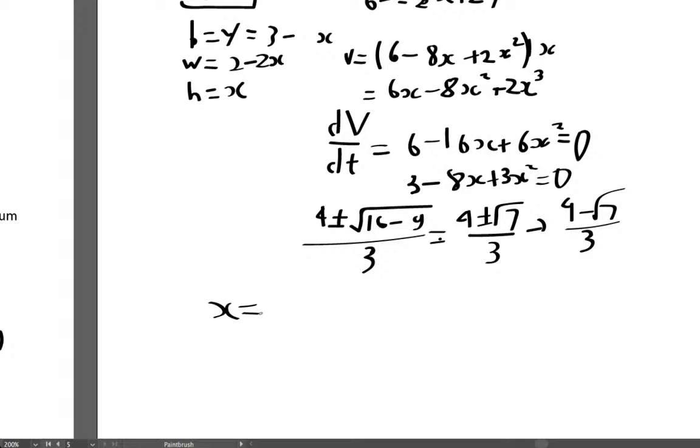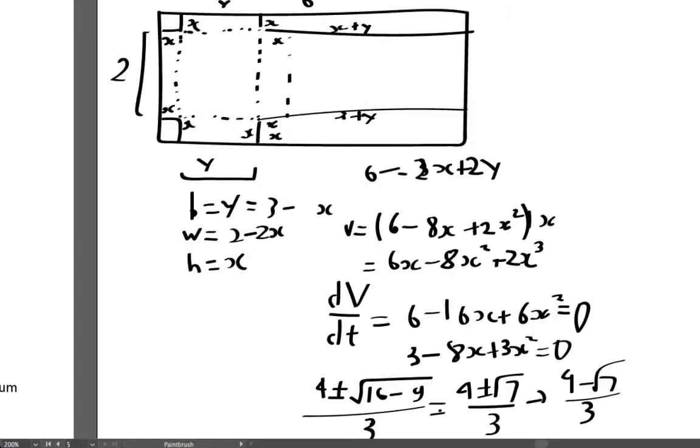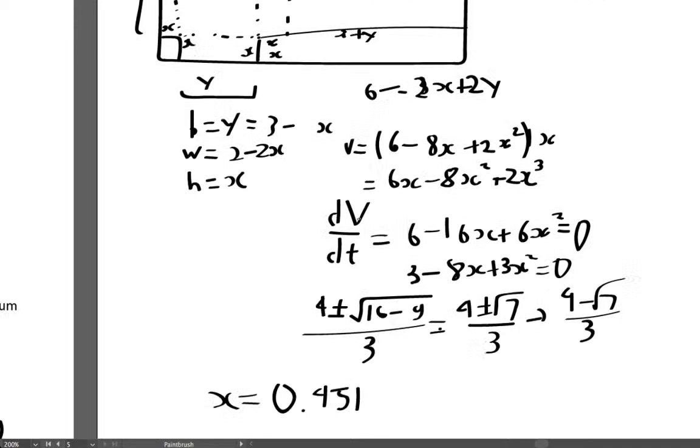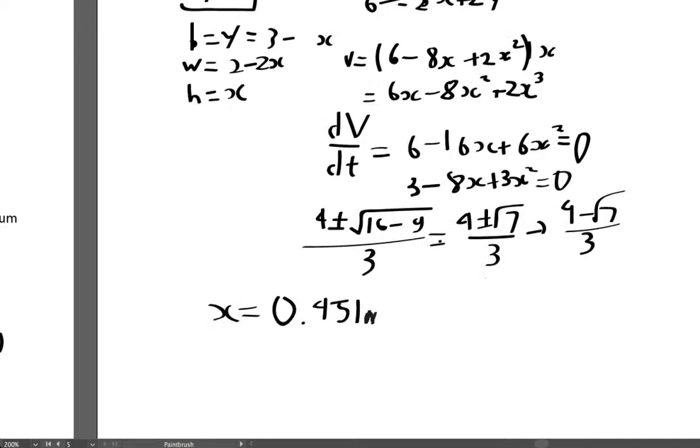And then you divide it all by 3. That would equal, to that many significant figures, 0.451. The units here are meters. So that's the x. And what about the y?